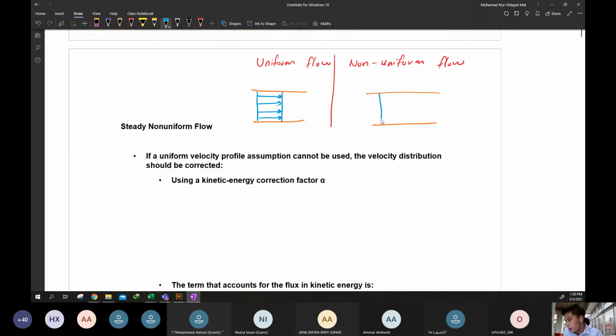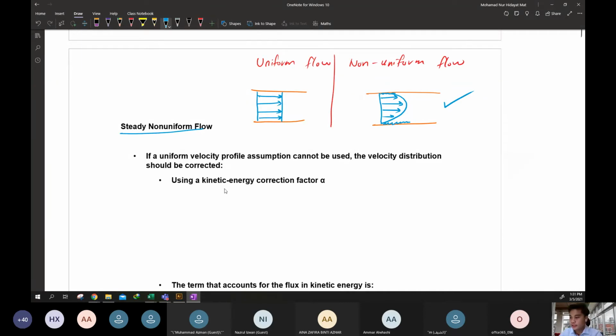However, for non-uniform, it is like this. Why? Because we consider the friction along the pipe. That is why it is holding this velocity back. So when we deal with this case, you can see non-uniform flow.